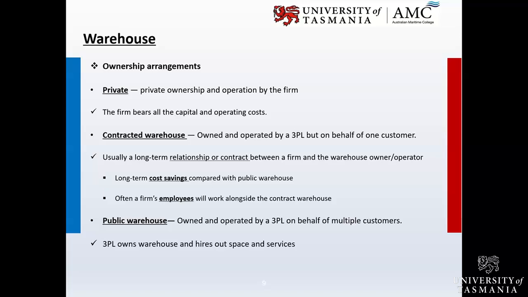The third is public warehouse. It is owned and operated by a 3PL. It's similar to contracted warehouse, but public warehouse is on behalf of multiple customers. So 3PL owns warehouse and hires out space and services.